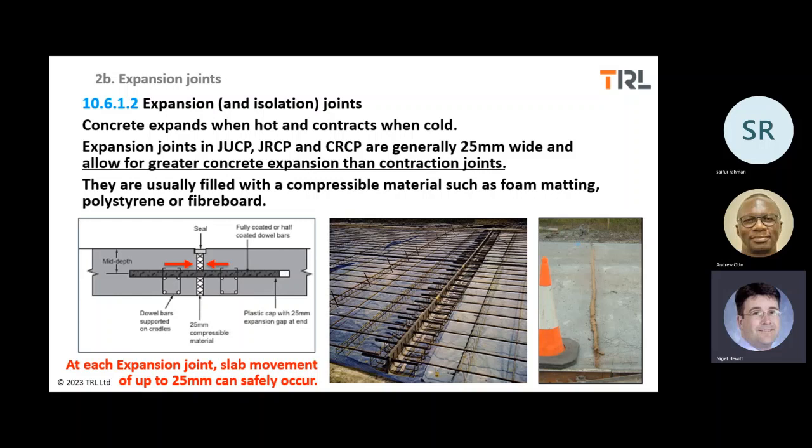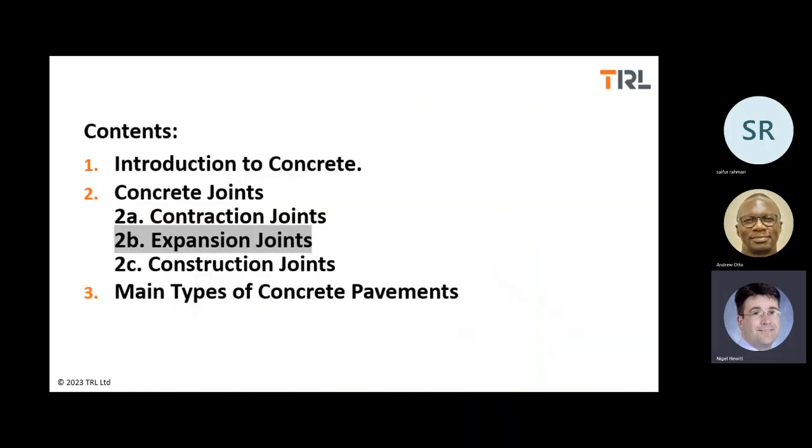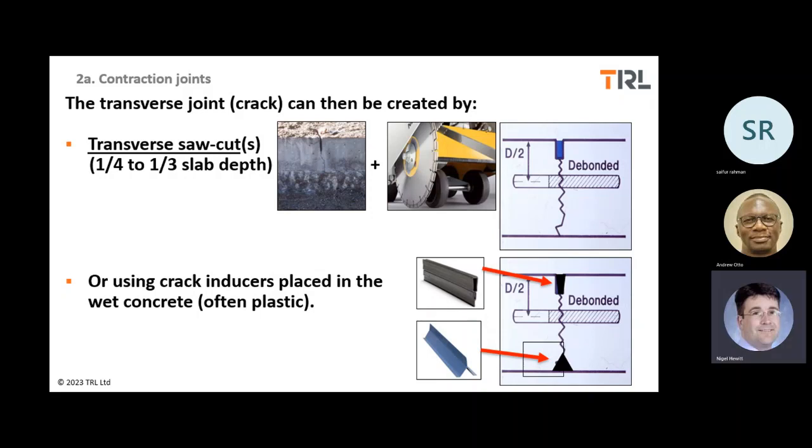Excuse me, can I ask? Yes. On the previous slide you have shown that the depth of the dowels is d/2, right? Yes. d/2 is fixed, there is no variation. But in other courses, in IRC, we have seen it vary from d/3 to d/2. Is it fixed in TRL 31? Not 31.